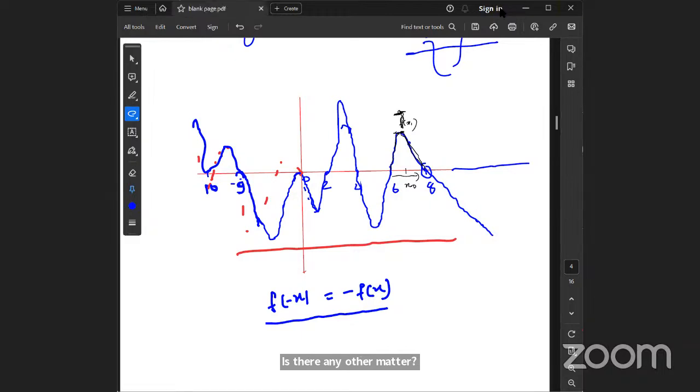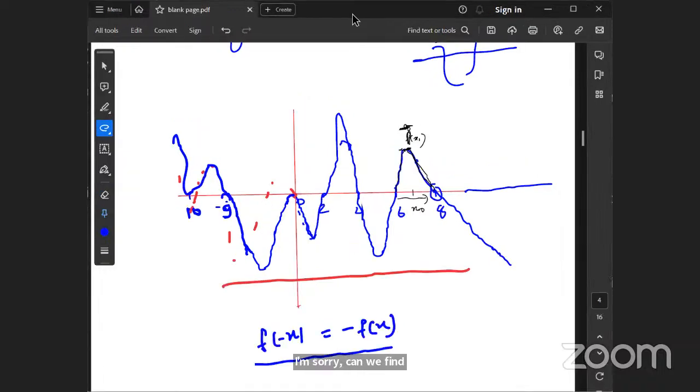Sir, can we find, like here we have a 9-degree polynomial, right? Again, this thing is showing. Sir, screen is not visible. Yeah, I am seeing. I don't know what the problem is going on here.